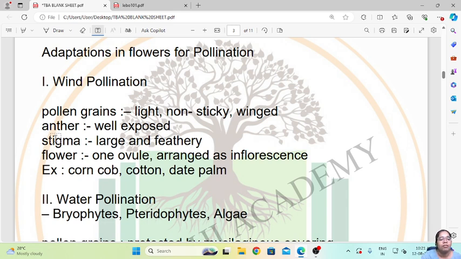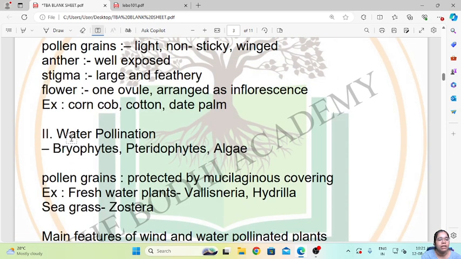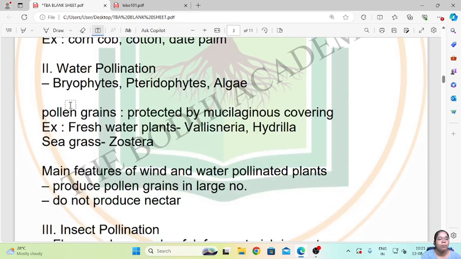Then the flowers have one ovule, arranged as inflorescence. Examples of wind pollination are corncob, cotton, date plant. Then comes water pollination. It happens in bryophytes, pteridophytes and algae. Pollen grains are protected by a mucilaginous cover, in freshwater plants like hydrilla, vallisneria, seagrass, etc.